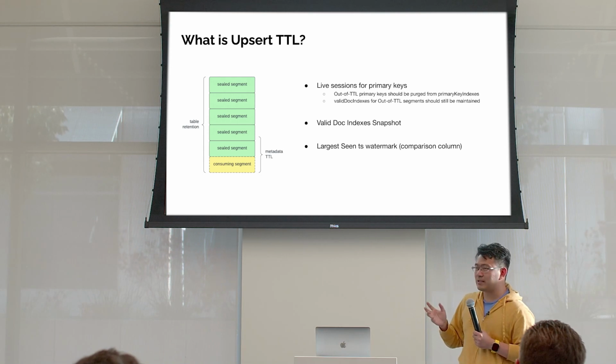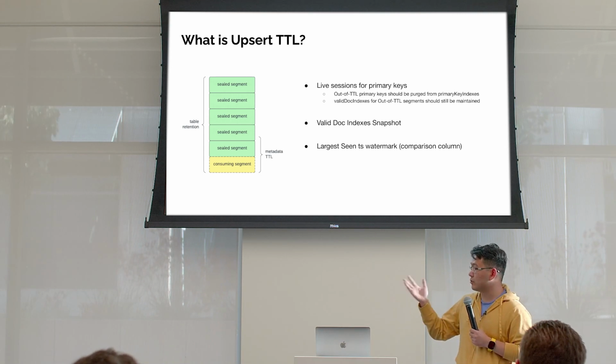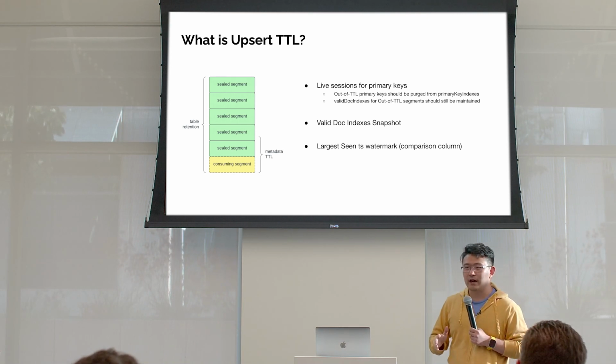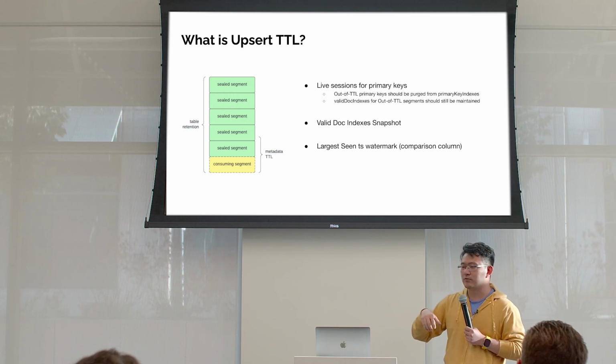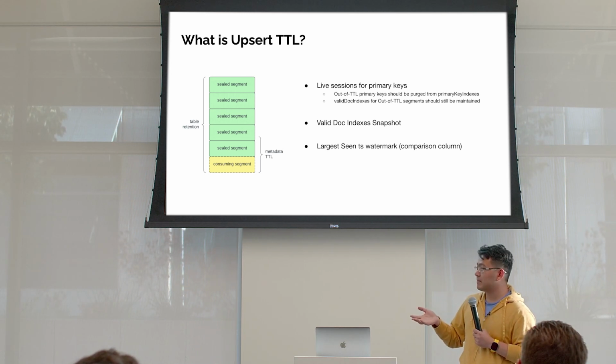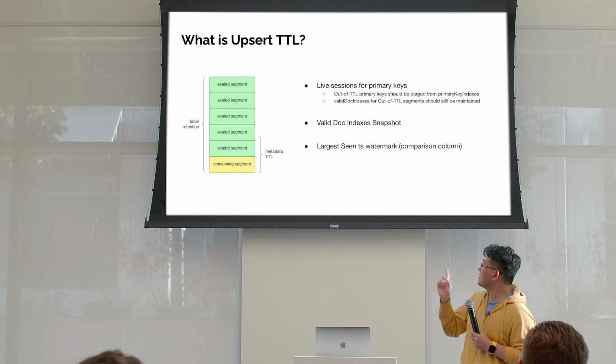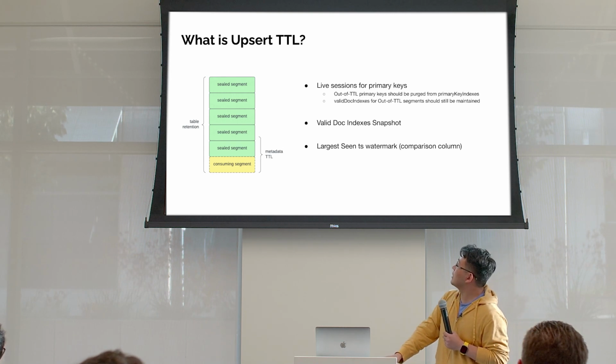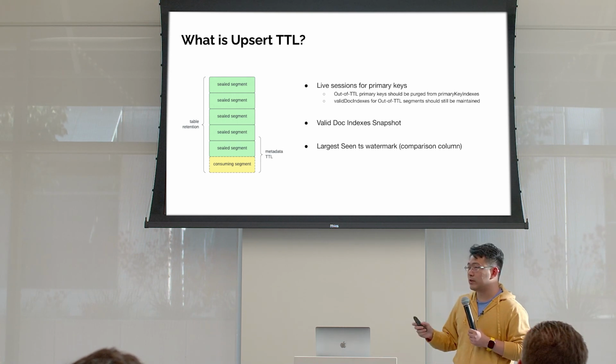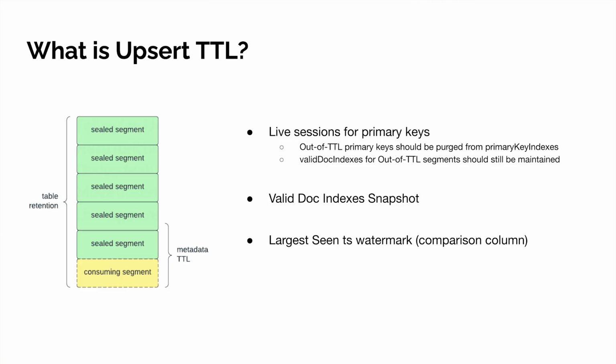But you can also specify something called a comparison column in your upsert config and use that value to determine which record is the latest and valid. So we keep track of this TS watermark value, and we persist it every time we remove primary keys from the primary key index, so that next time you restart the server, you don't lose track of your largest TS value.